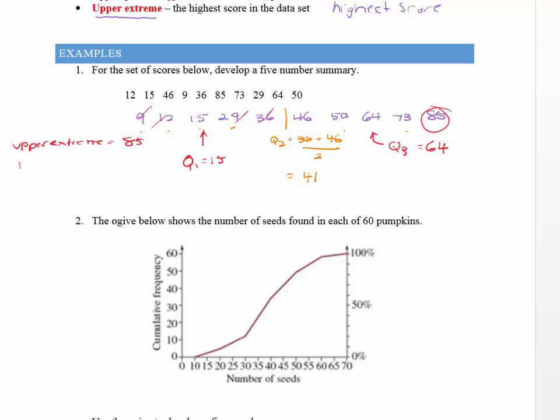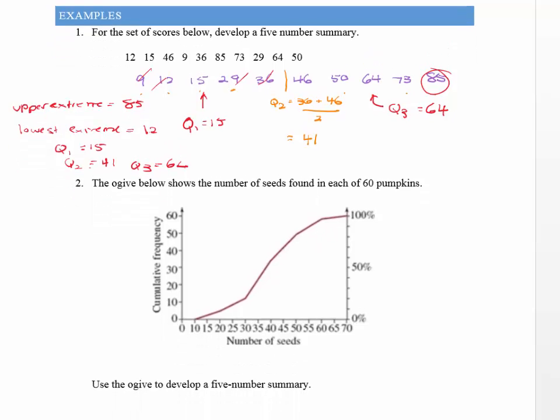And we want the lowest extreme, which is the bottom score, which is 12. Doesn't matter the order you put it in. Q1 is 15, Q2 is 41, and Q3 is 64. And you can double check, do I have 5 things? 1, 2, 3, 4, 5. Yes, I do. So I know I've done the answer correctly.